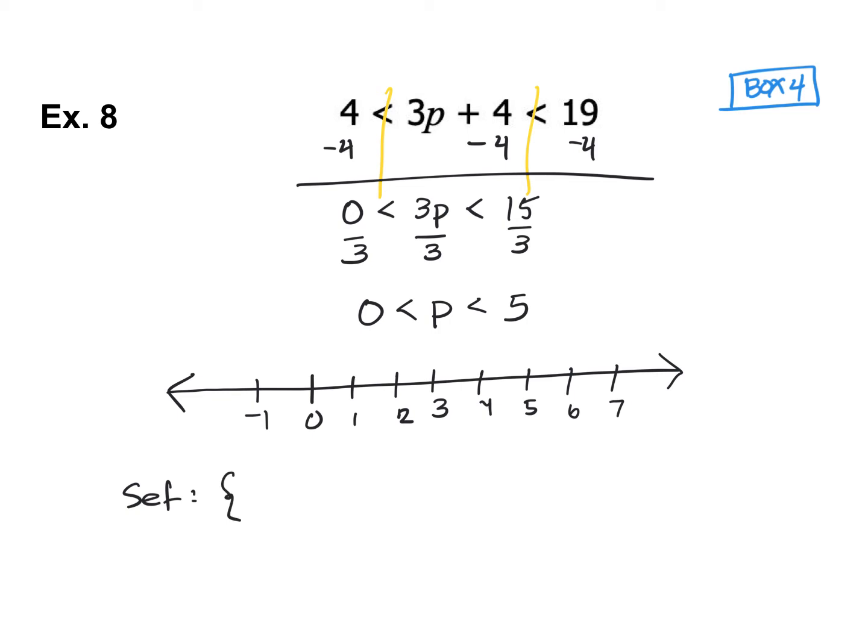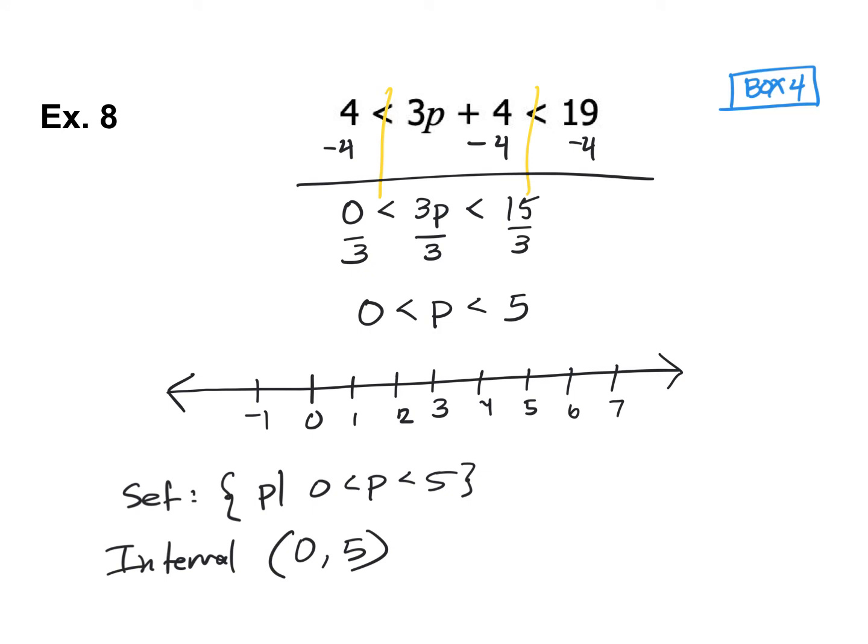I have the set of p-values where 0 is less than p and p is less than 5. Interval notation. I have 0, comma, 5, and parentheses around both of them.